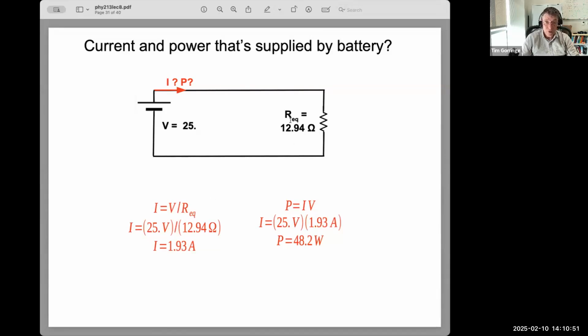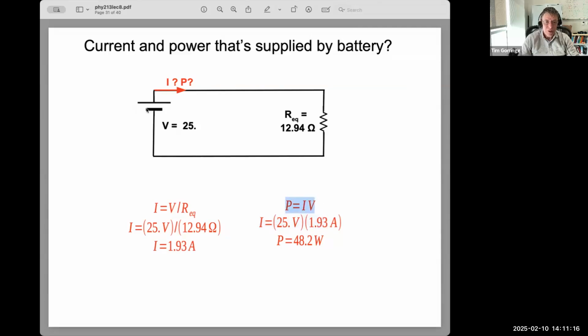If I apply Ohm's law, V equals IR, to this resistor, the current equals V over R, where V is the voltage of the battery, R is the equivalent resistance. I can fill in the 25 volts, fill in the 12.94 ohms, and I get a current that's a little bit less than 2 amps. It's 1.93 amps.